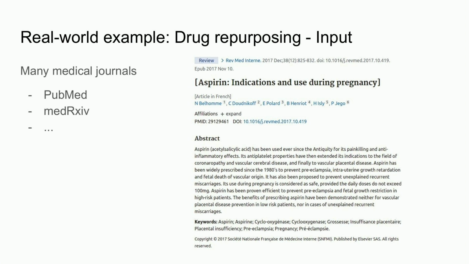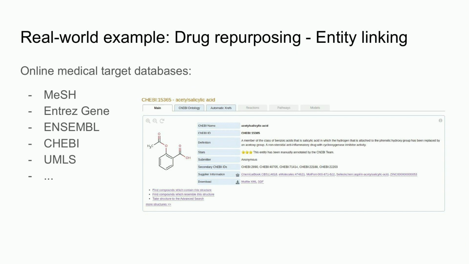So you've got, I don't know, a couple of thousand. I don't really know, but there are lots of medical papers that you can use as an input into your information extraction pipeline, and then do named entity linking.